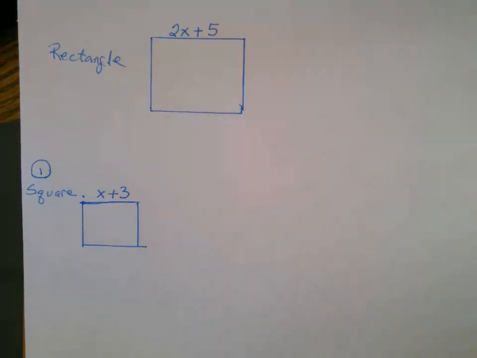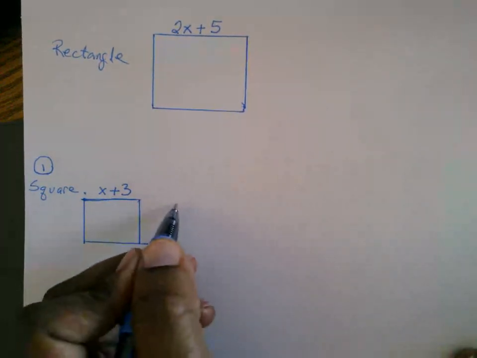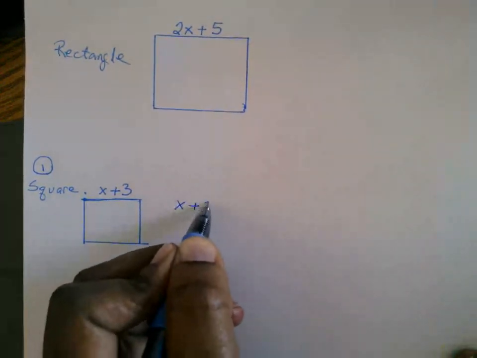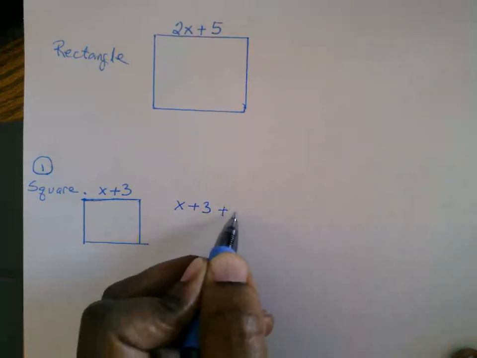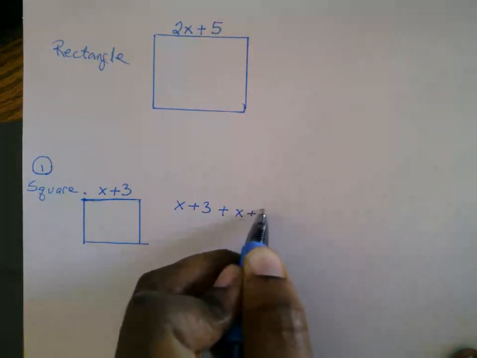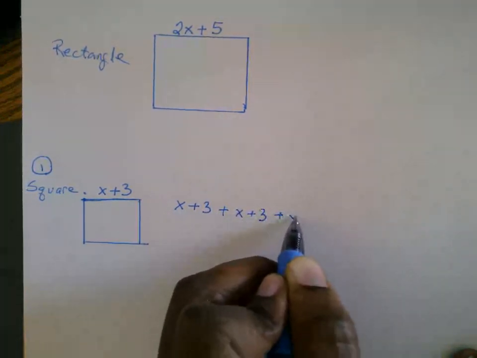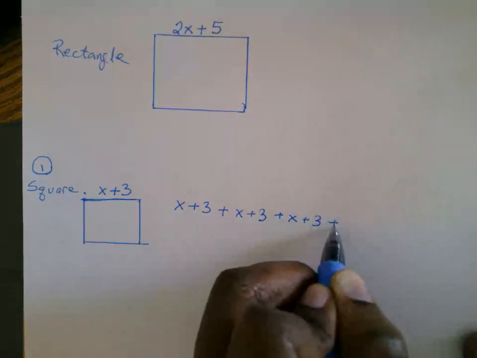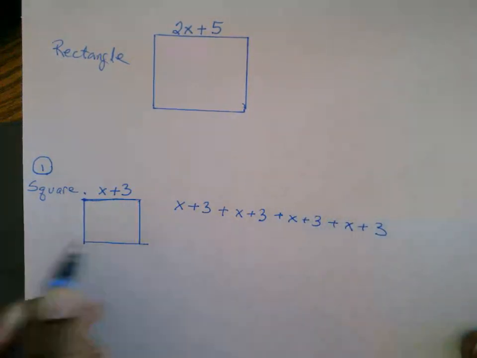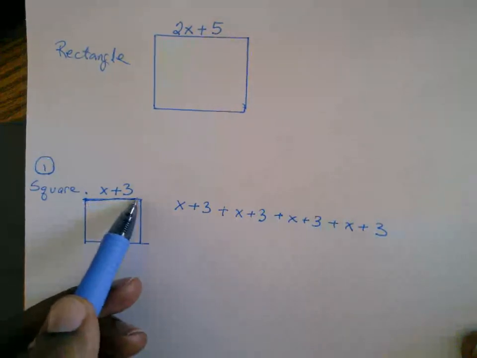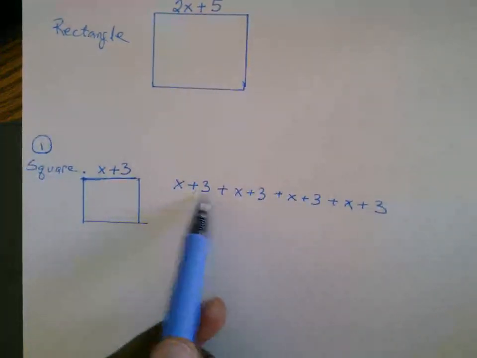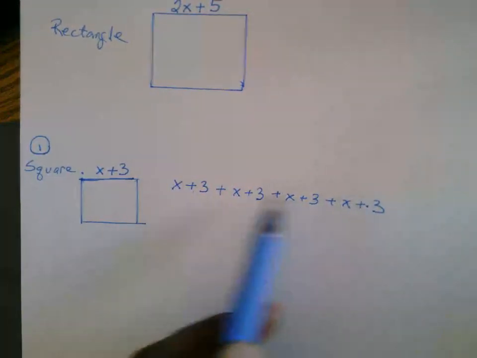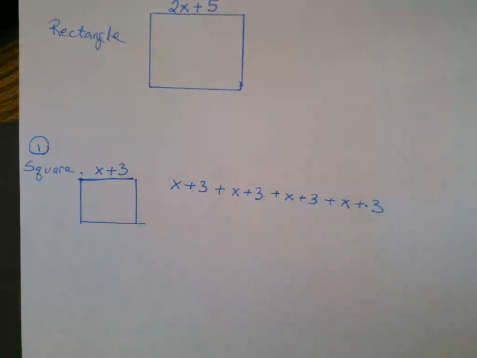We want to make at least 4 equivalent expressions, but it's possible to make more than that. So the first one that we're going to make is x plus 3 plus x plus 3 plus x plus 3 plus x plus 3. Although they only have one side listed, we know that there are 4 sides to the square. So we write the same expression 4 times.